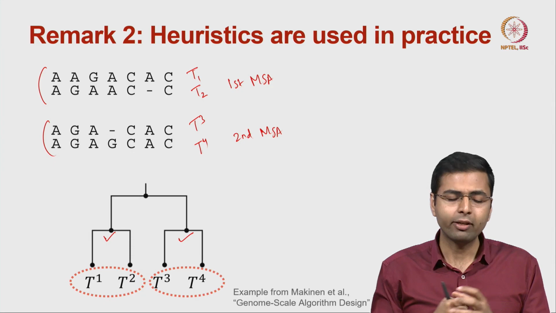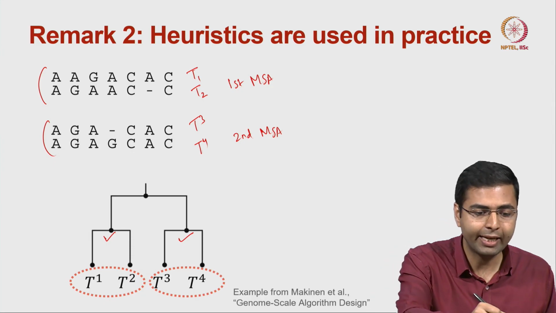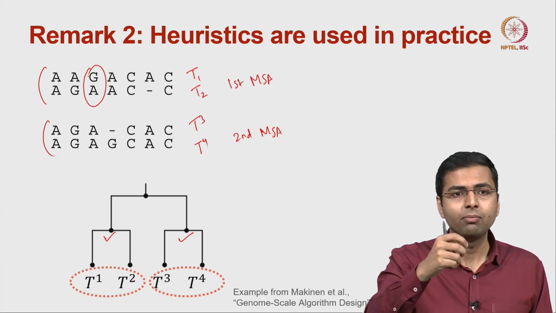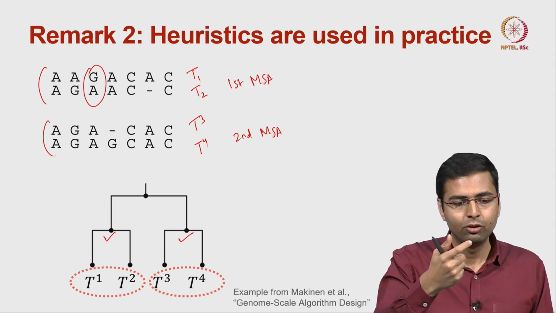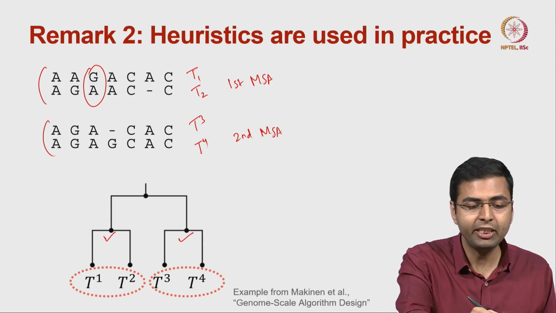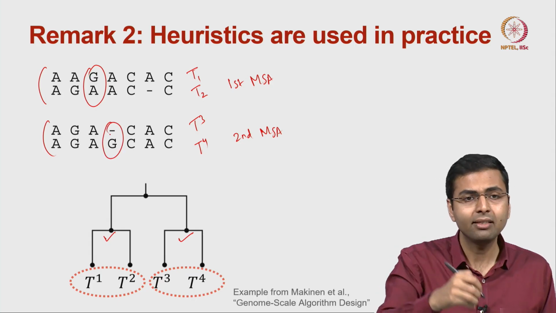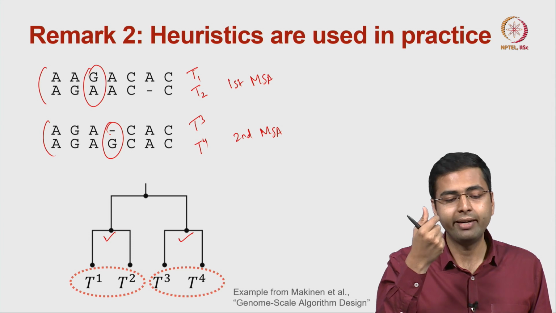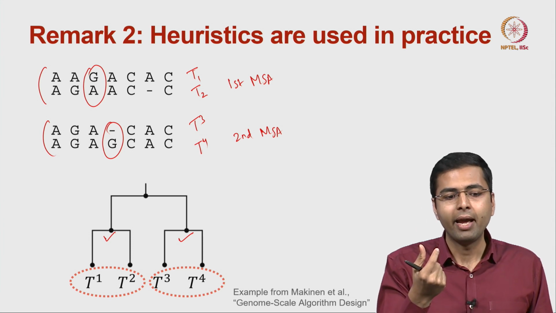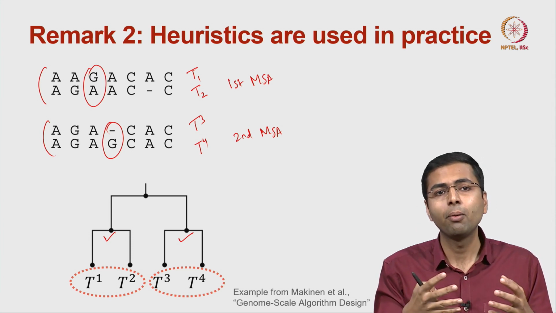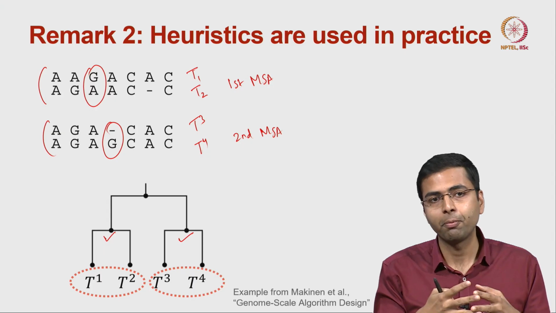Well, the trick for that is that we can assume each column as a symbol. So for example, I can treat this as a symbol GA, and I can treat this as a particular symbol -G, and I can repeat the pairwise sequence alignment algorithm.